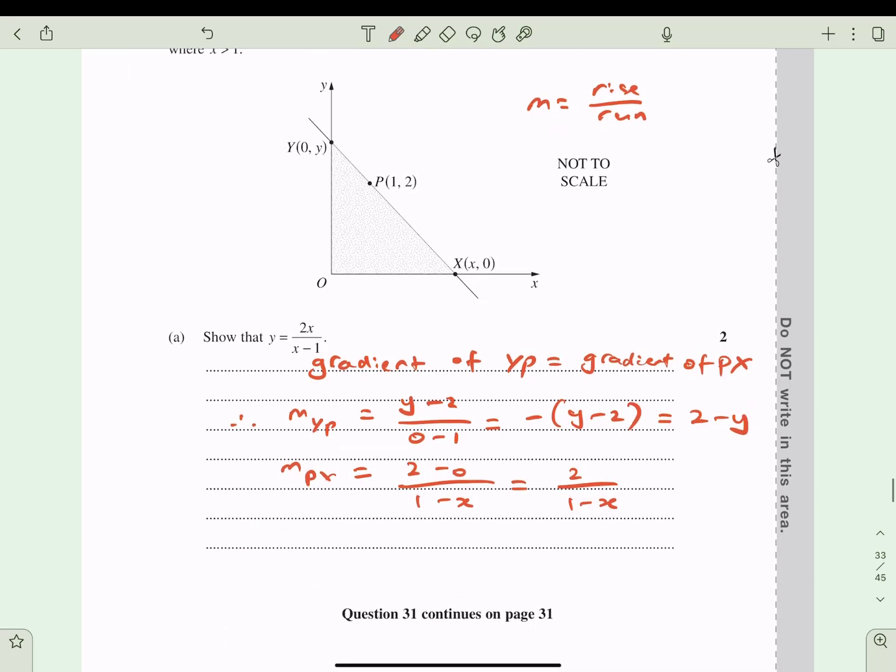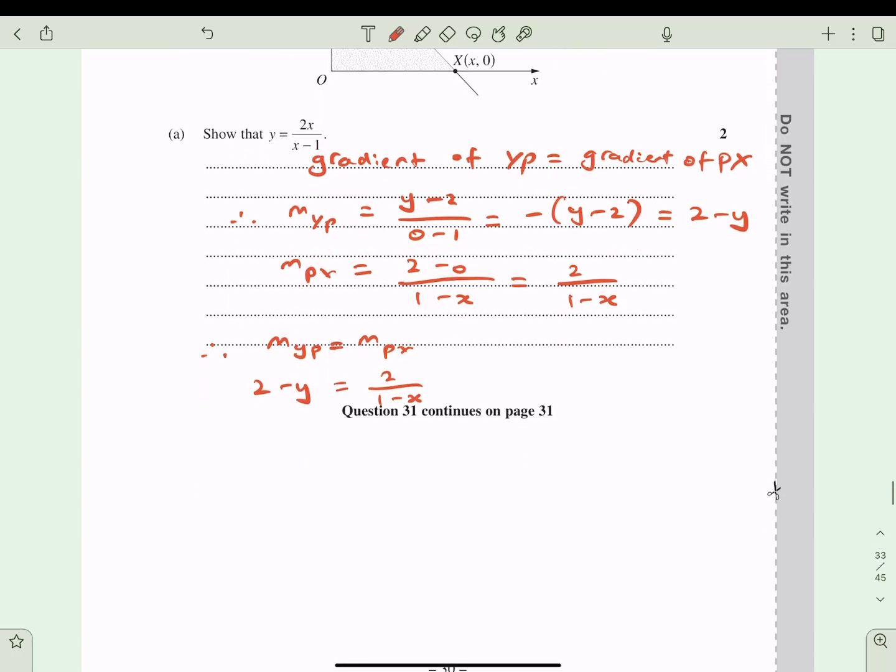So therefore, if you equate these two gradients together, you now get 2 minus y equal to 2 over 1 minus x. And from here, we can rearrange the equation. So 2 minus 2 over 1 minus x is equal to y. Making the left-hand side one fraction, 2 times (1 minus x) minus 2 over 1 minus x.